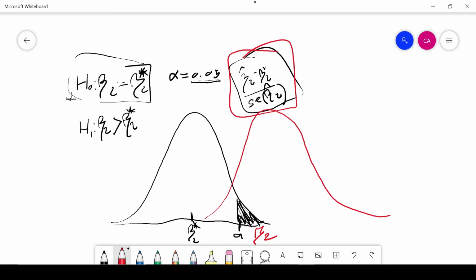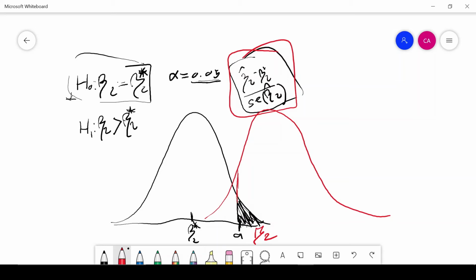Right, and if we select a significance level of 0.05, which is associated with a critical value of A in this case, then that's going to give us a value over here.